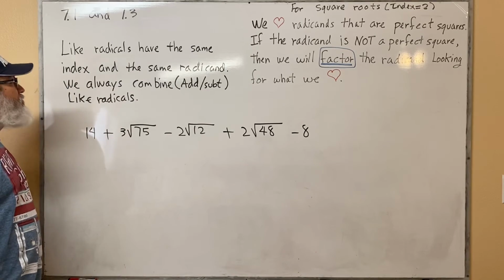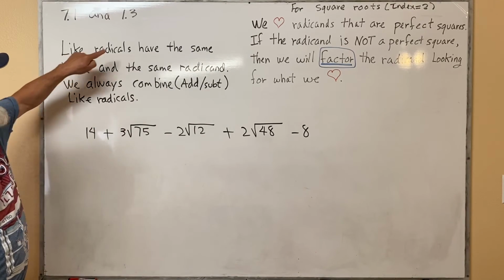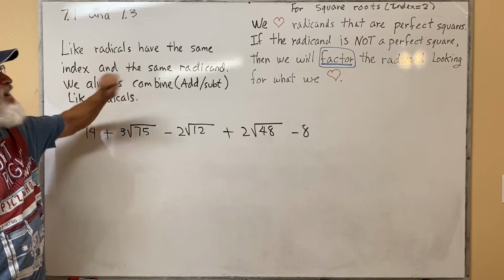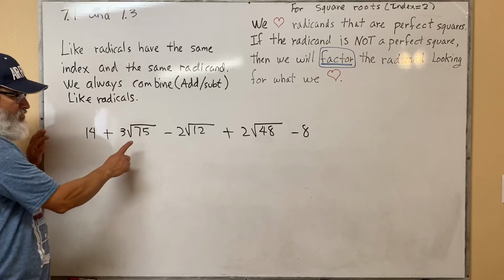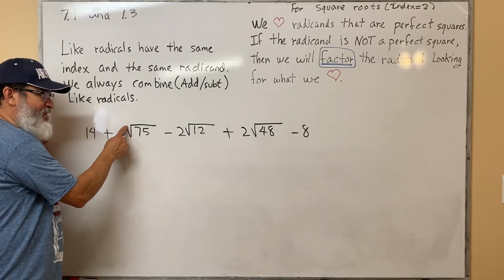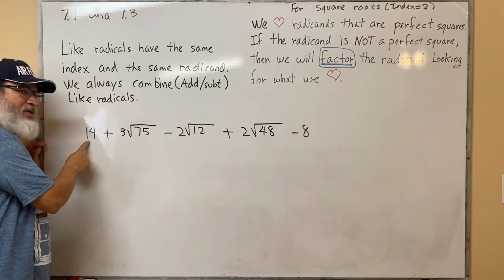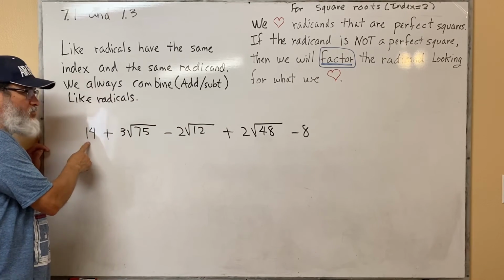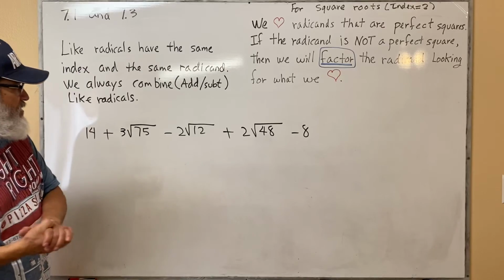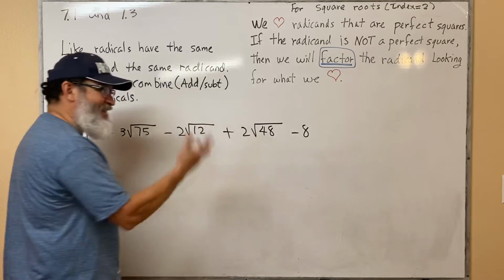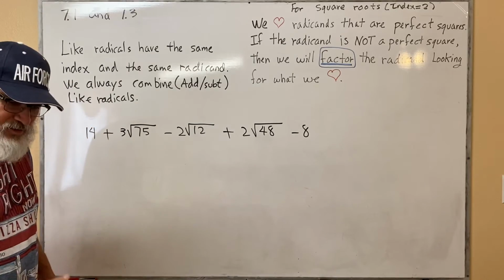Like radicals have the same index and the same radicand. So the index is 2, the index is 2, and the index is 2. This one has no radical at all. But my question is, are this one and that one like radicals?